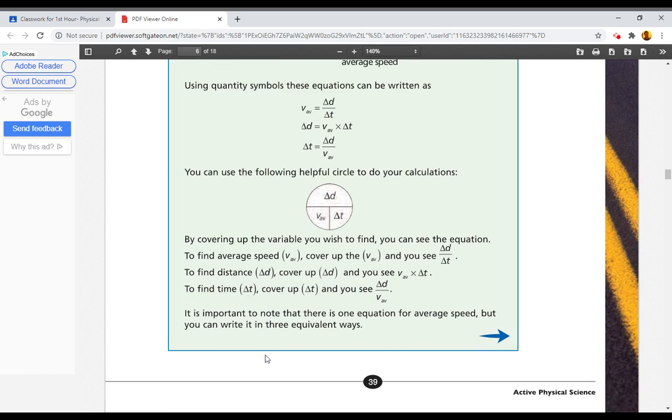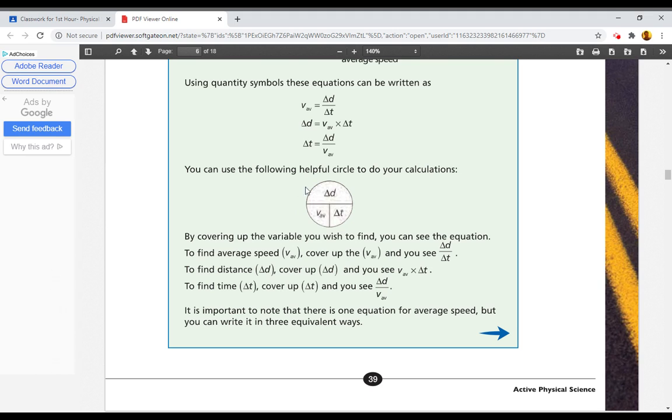These circles are awesome because you just look at the circle, and let's say you want to figure out what time is. Time is distance divided by speed. Okay, what's speed? Speed is distance divided by time.